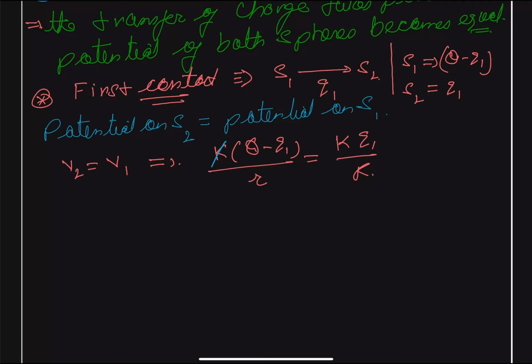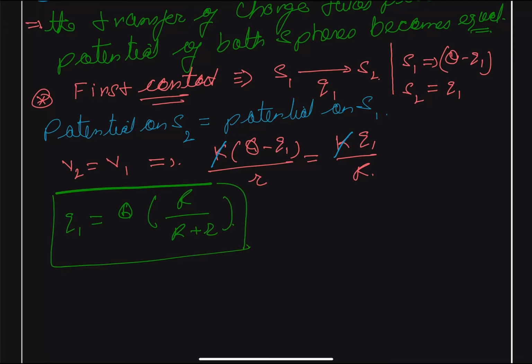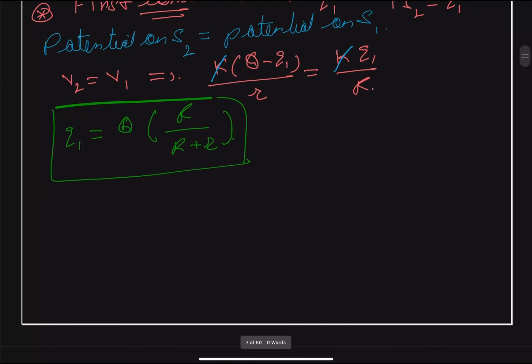Here K and K cancel out, and we get Q1 equal to capital Q times R upon R plus small r. Now we come to the second contact.